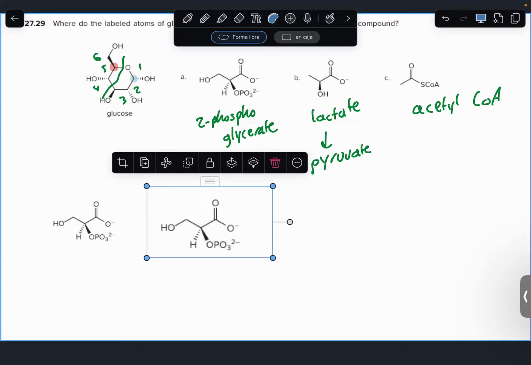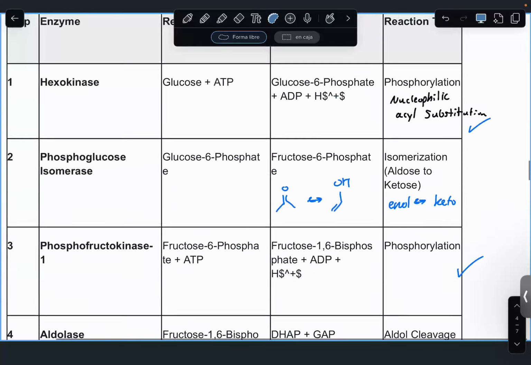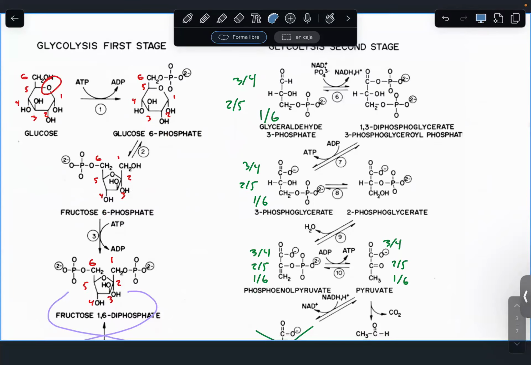So let's review. I labeled it 1, 2, 3, 4, 5, and 6. Let's figure out where those carbons are in 2-phosphoglycerate. That is, where did I put that? 2, 6, 3, 4.